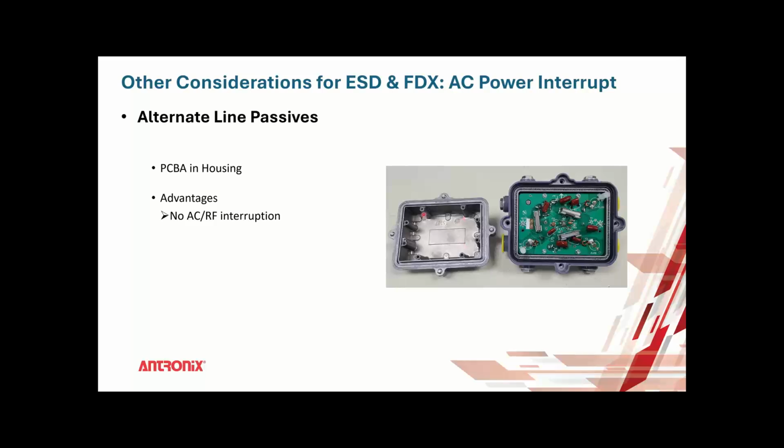The advantage is when you remove the cover, you could configure the AC and remove the fuses to have AC going on whatever ports you need. There's no AC or RF interruption. But the disadvantage is during failure, like a lightning strike with devices down, you need to resplice because this is part of the housing.